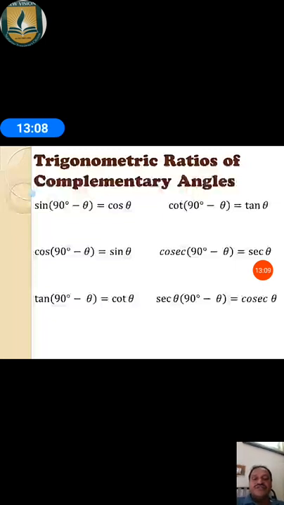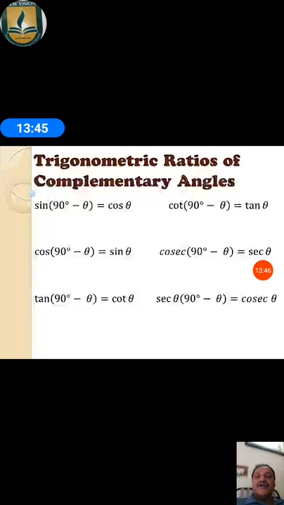And precisely the trigonometric ratios of complementary angles are defined as: sine 90 degrees minus theta is cos theta, cos 90 degrees minus theta is sine theta, tan 90 degrees minus theta is cot theta, cot 90 degrees minus theta is tan theta, cosecant 90 degrees minus theta is secant theta, secant 90 degrees minus theta is cosecant theta, right?